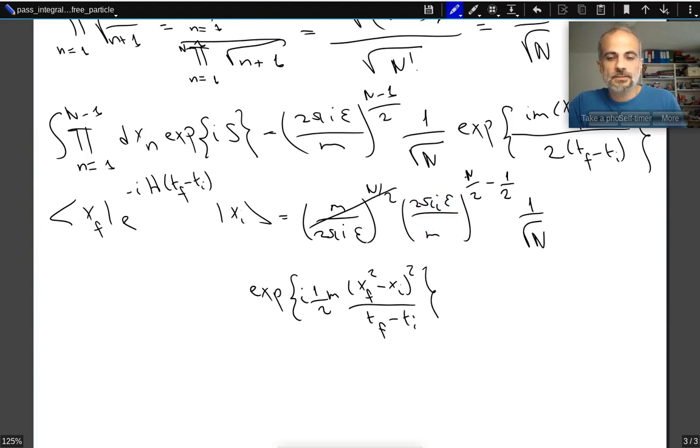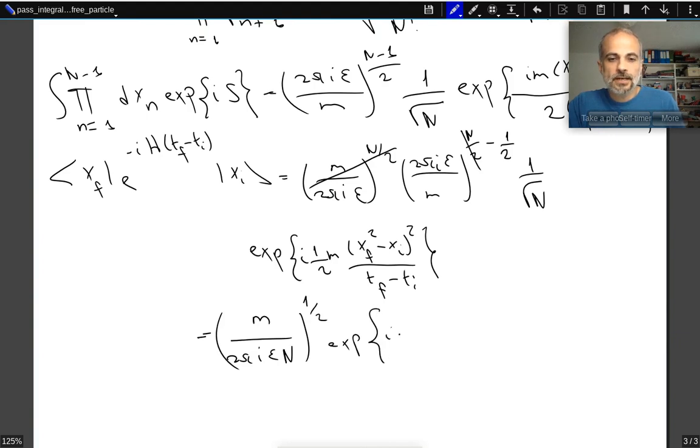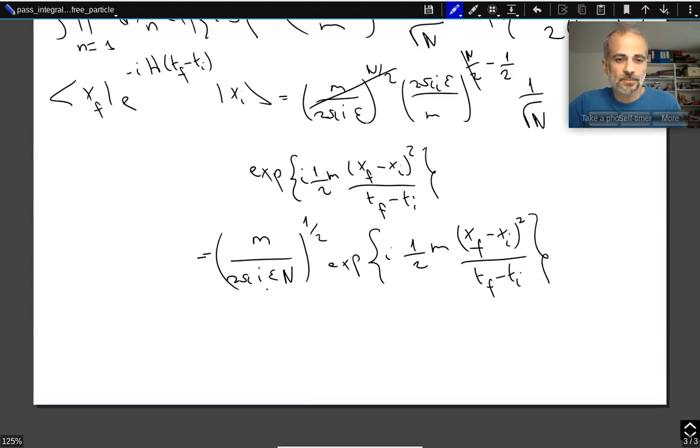So this term cancels this n over 2 over there, and we will be left with m over 2 pi I epsilon times n under the square root, exponent of I 1 over 2 m xf squared minus xi squared, no, xf minus xi, all of it squared, divided by tf minus ti. And again, remember, epsilon n is just tf minus ti.